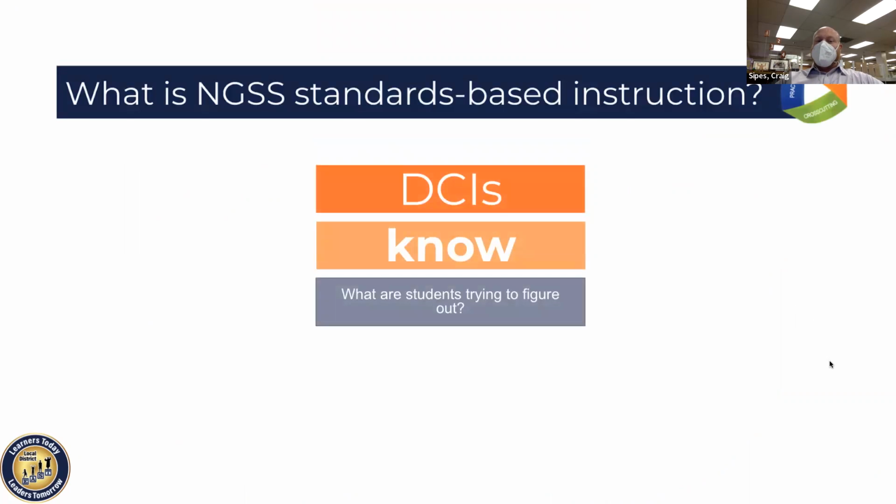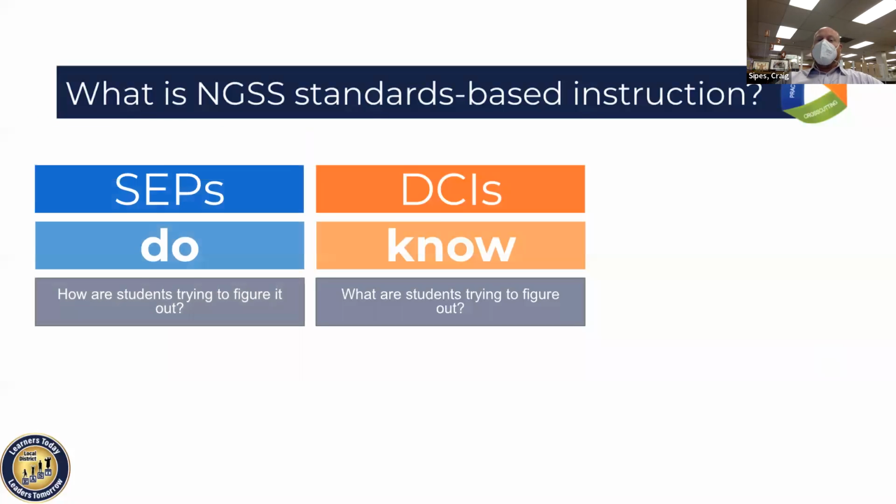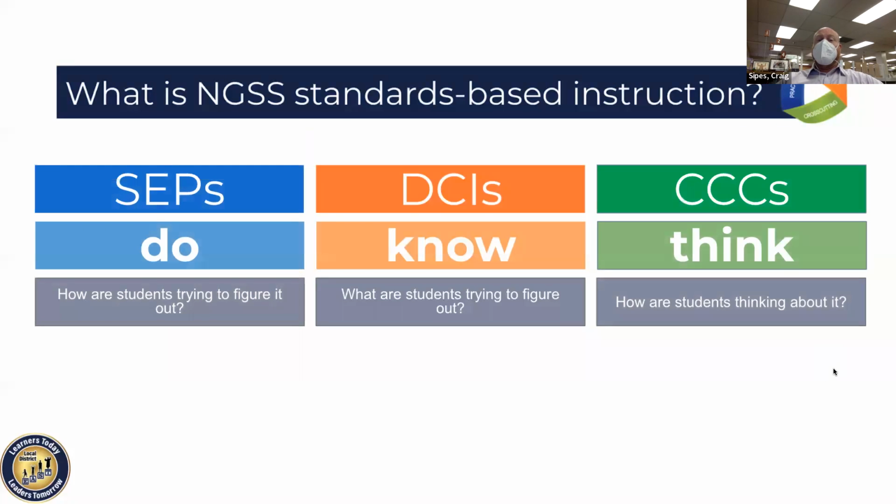So standards-based instruction always starts with the DCIs, with what students will know, but this is starting from the standpoint of what are students trying to figure out? So how can we set up learning so that students are figuring things out? And they do that by engaging in the science and engineering practices, the SEPs. And the question there is, how are students figuring it out?